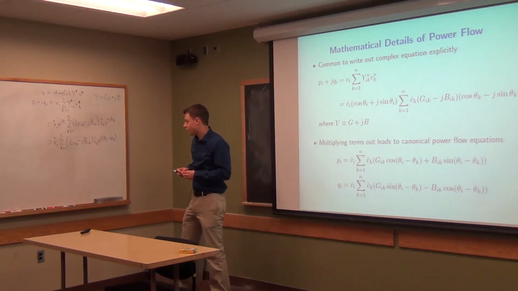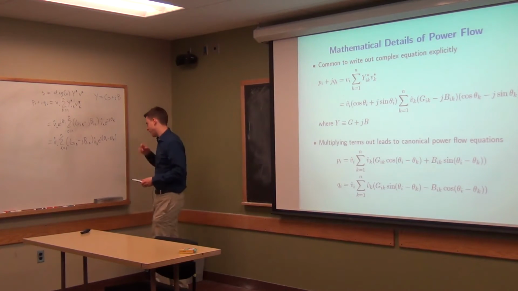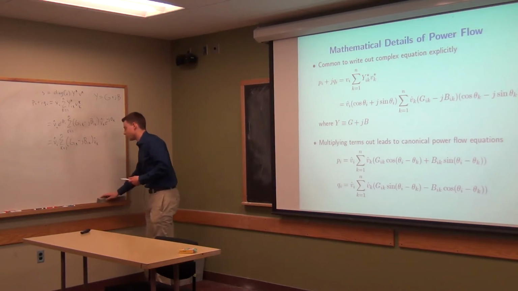So now, let's go ahead and write this back in the rectangular form and multiply these things out. Actually, I'll just write it like this at first, because I don't want to write all this again.